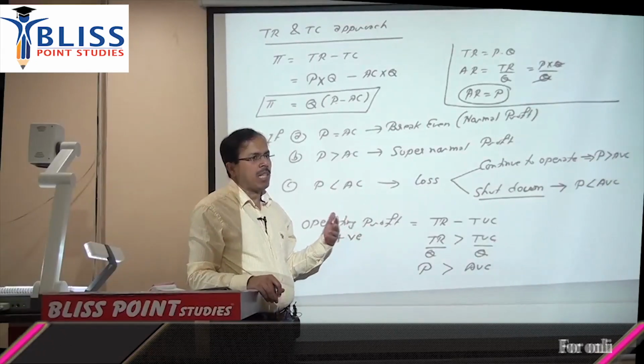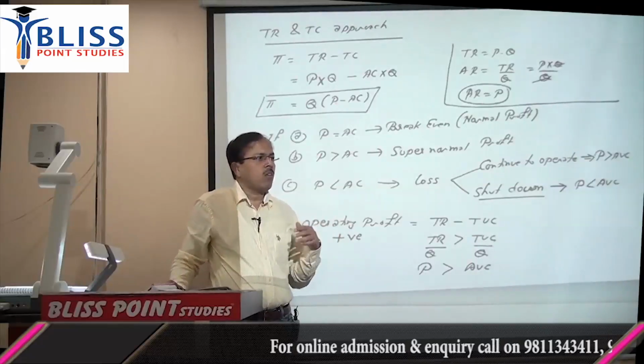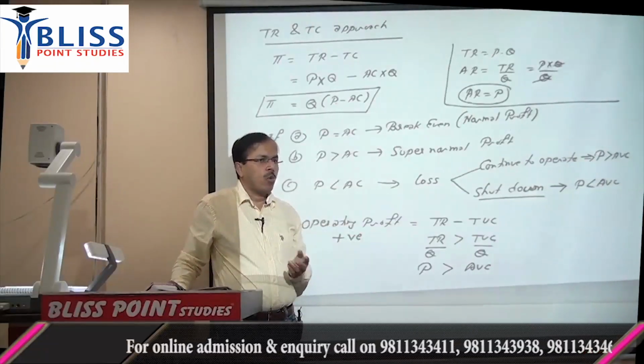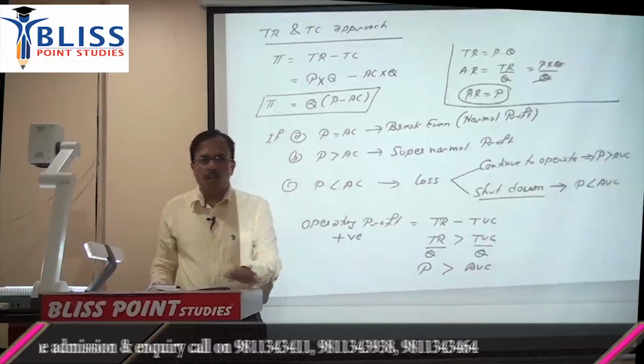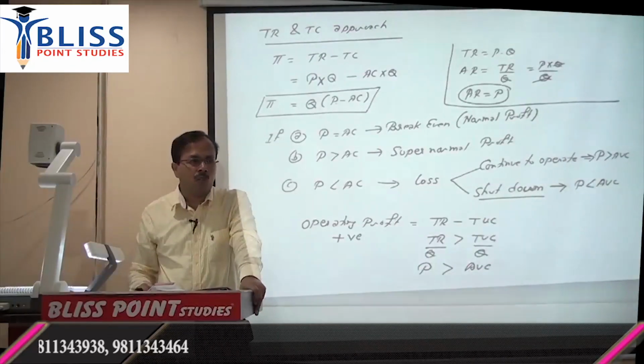Operating profit negative का मतलब है operating loss है. So if there is loss in operation, better not to operate. So whether you operate or not, it depends upon whether total revenue is greater than total variable cost or not.